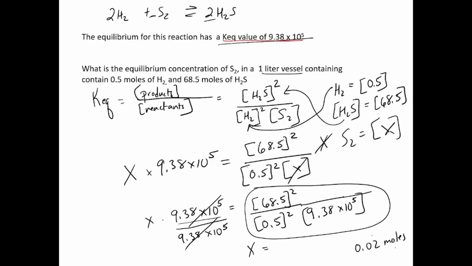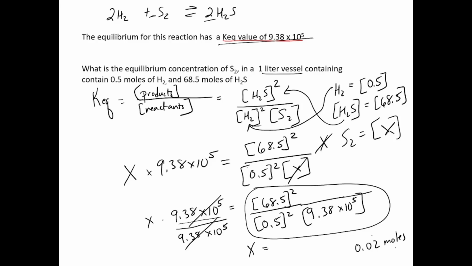So these are the two different ways that you may be presented with a problem that involves the equilibrium expression. They'll either give you the concentrations of all the reactants and products once that system has reached equilibrium, or they will give you the KEQ value for that particular equilibrium, and they'll give you some, but not all, of the concentrations of the reactants or products.